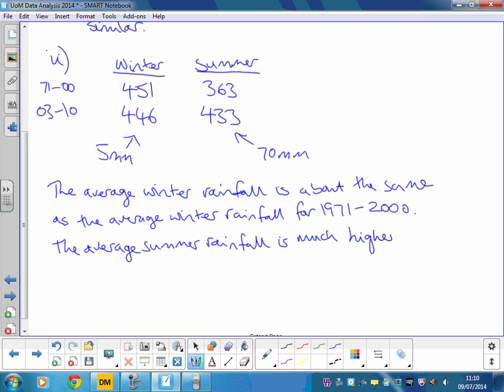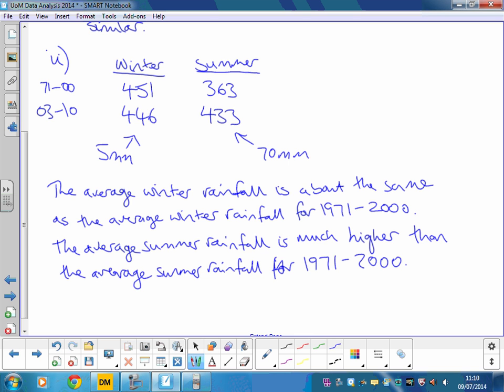Higher, because there's 70 mil difference, than the average summer rainfall for 1971 to 2000. So there's two things to compare there. You have to get both to get the mark.